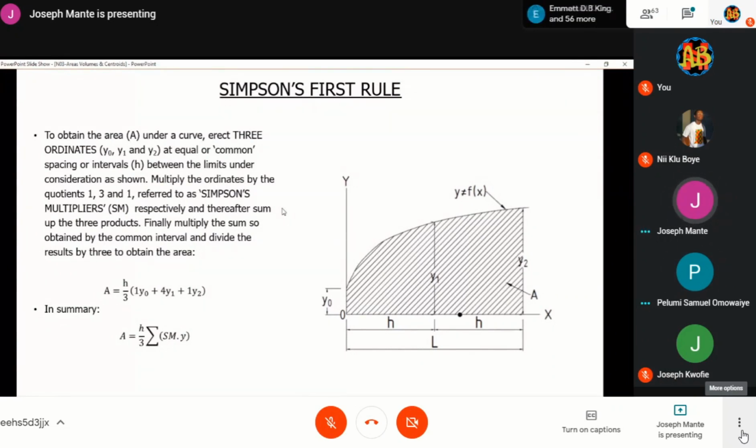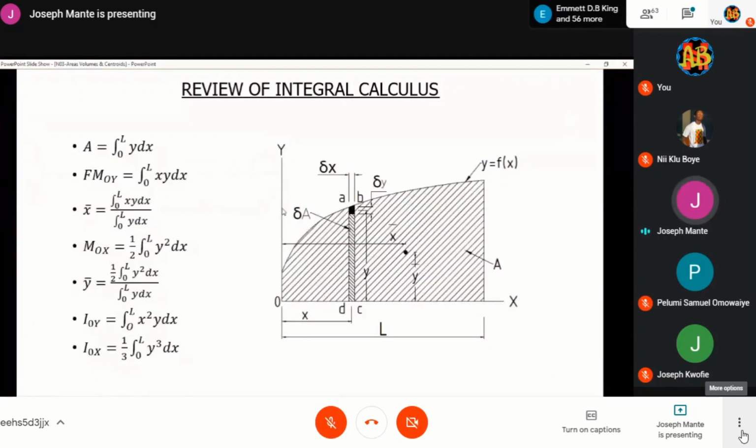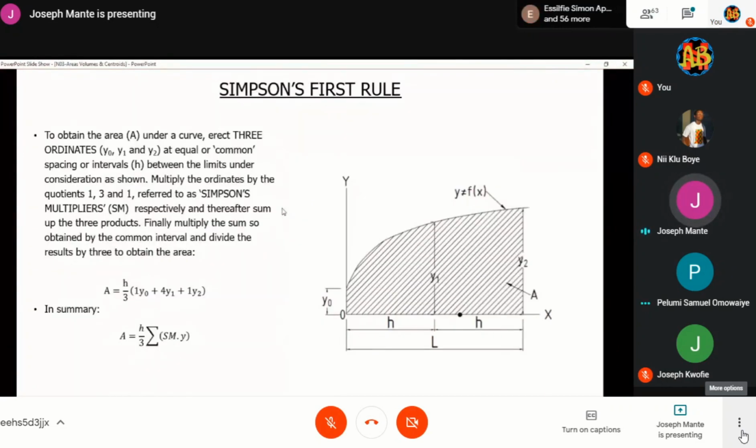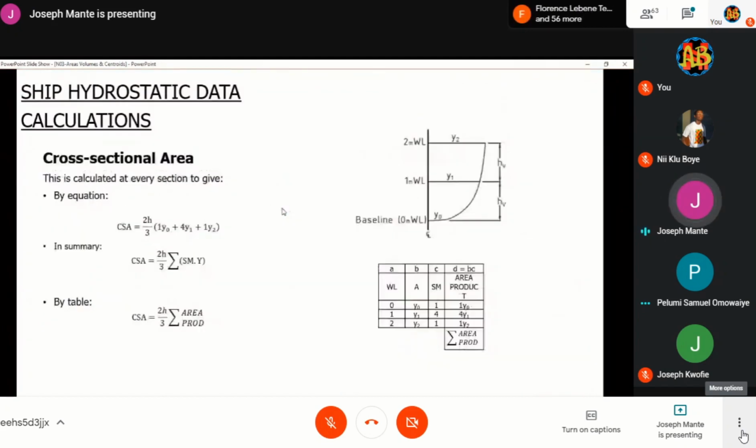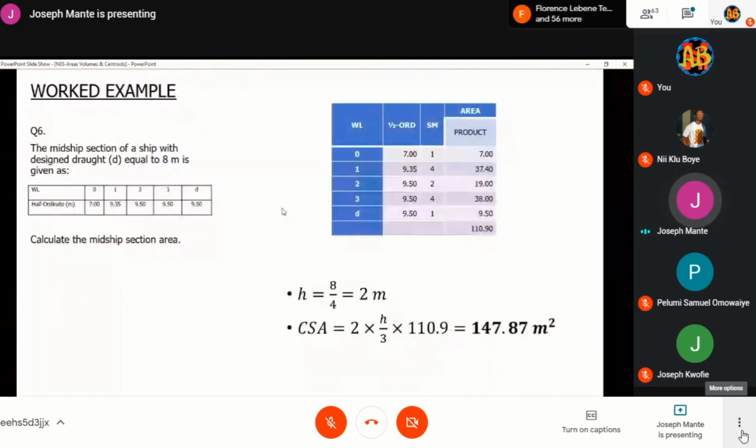Simpson's first rule has a proof. This is where the whole thing starts from. So the 3 is from the proof. That's why I said you should go and learn how you can prove that.